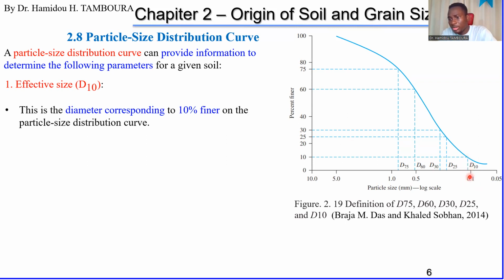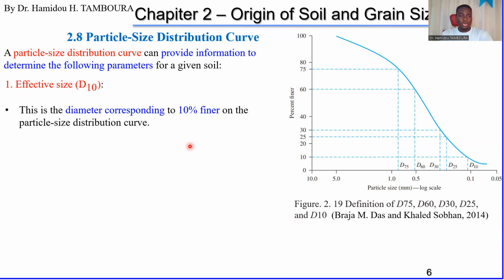If we consider that this is 0.012, for example, in millimeters, don't forget, it means that 10% of the weight of the soil sample has particle diameter smaller than this diameter. That's what 10% means.